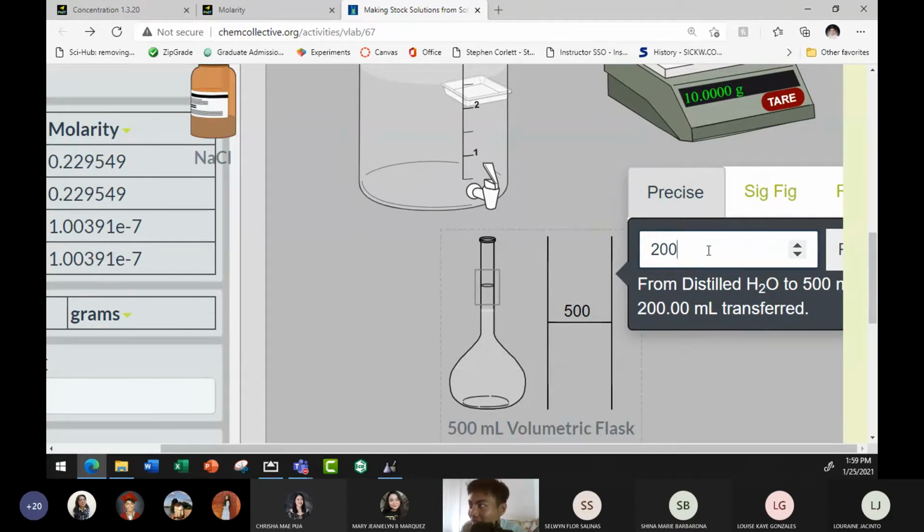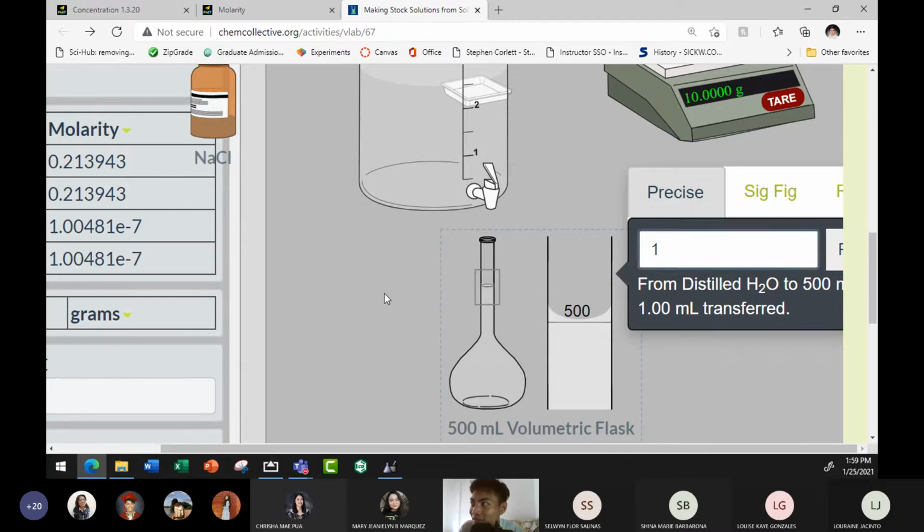Malapit na tayo sa taas. Kailangan lower meniscus tayo. Pag lumagpas ka dyan, ulit ka talaga. Buhos-buhos tayo, tig-1 ml, until dumalapit na. Okay, so medyo lower meniscus tayo, so pwede na yan.